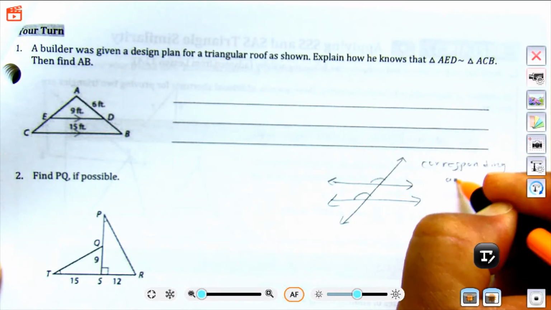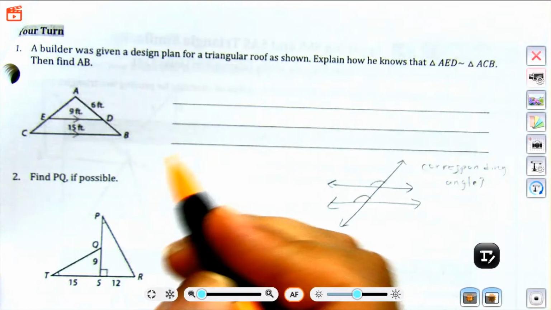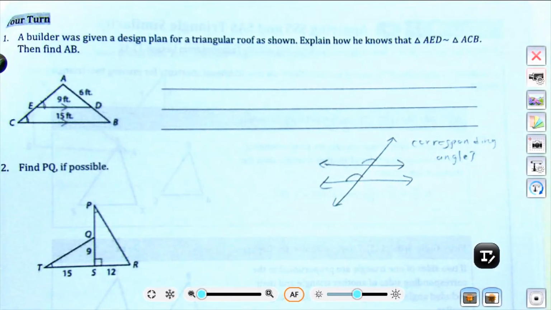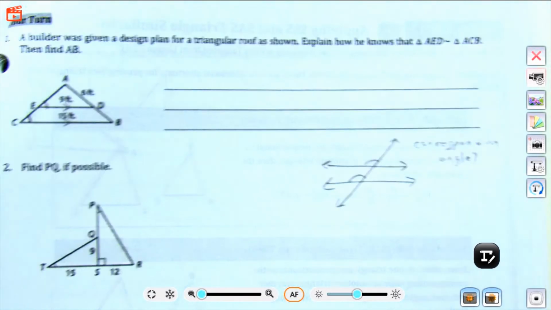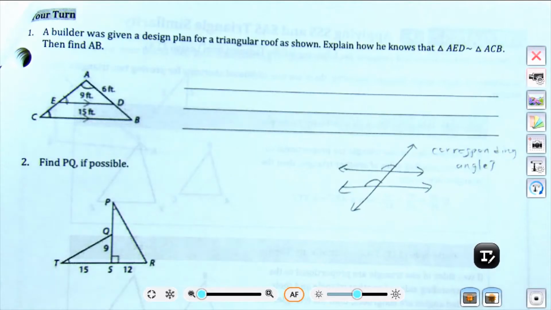And corresponding angles are congruent. So we could say angle E and angle C are congruent. And then they both share angle A, so that's another one. So all we need are two angles to use the angle-angle similarity theorem. Knowing that these two are similar, we could solve for AB.